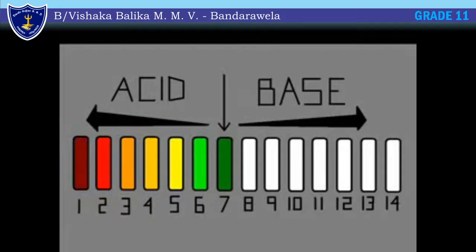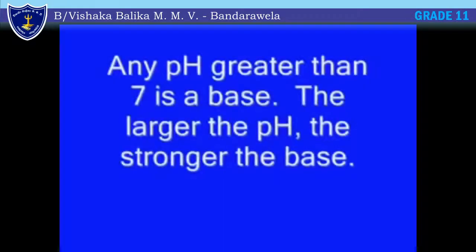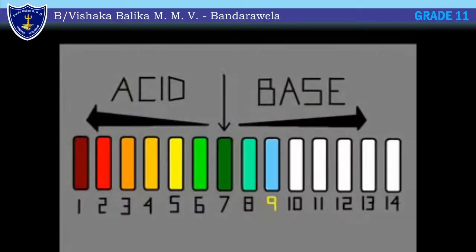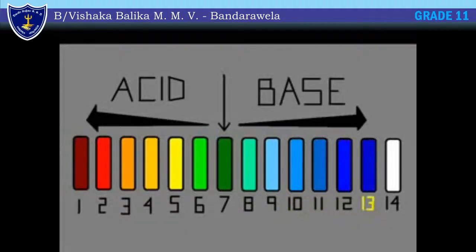From 7 to 1, values below 7 are acidic, and 7 is neutral, and if it is greater than 7, it's a base. So let's see the range of the bases here: 8, 9, 10, 11, 12, 13, 14.